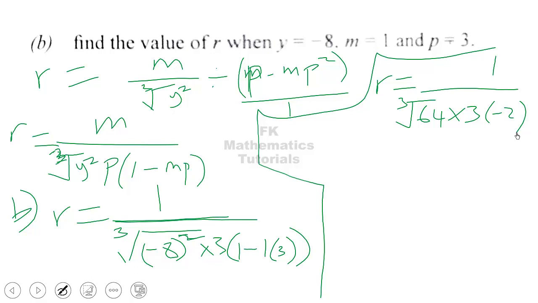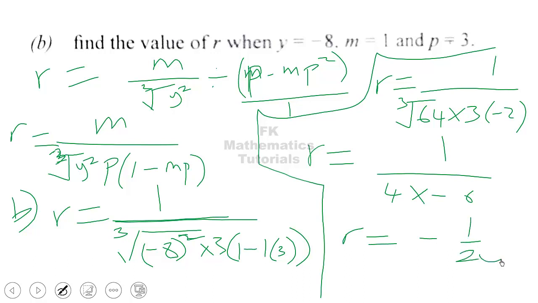So R is equal to 1 over the cube root of 64 times 3 times negative 2. The number that multiplies itself 3 times to get 64 is 4. So 4 times negative 6. So that will give us R to be equal to negative 1 over 24.